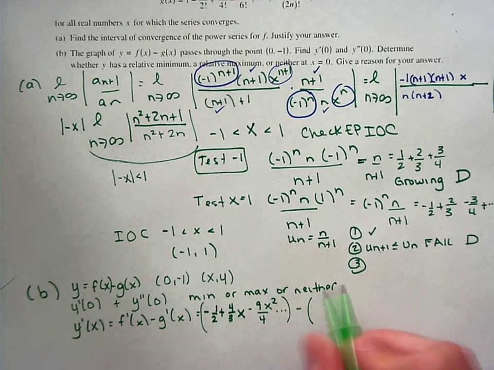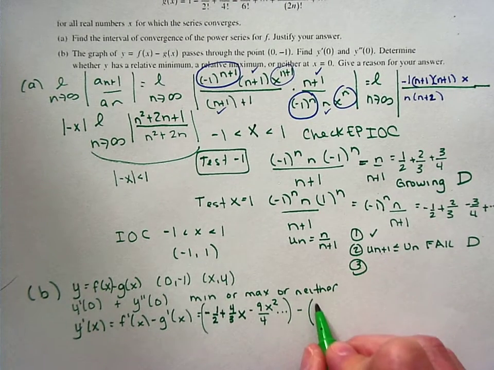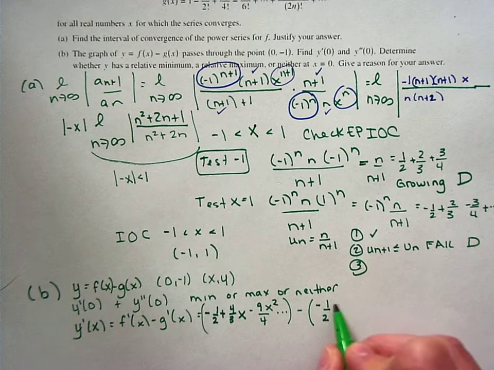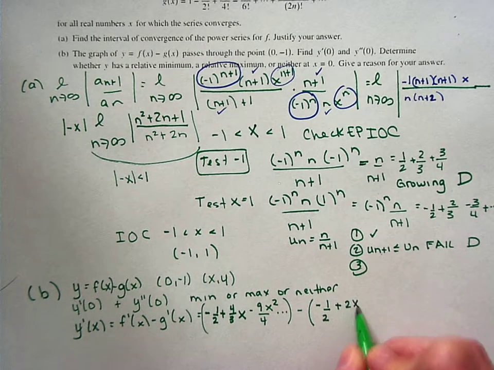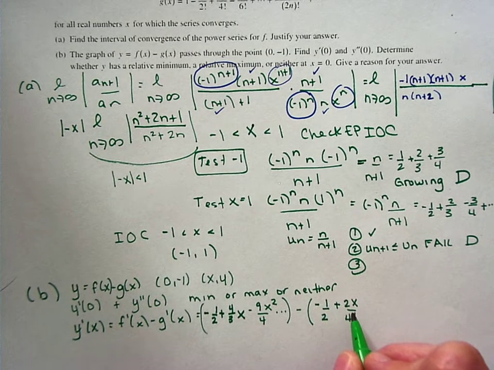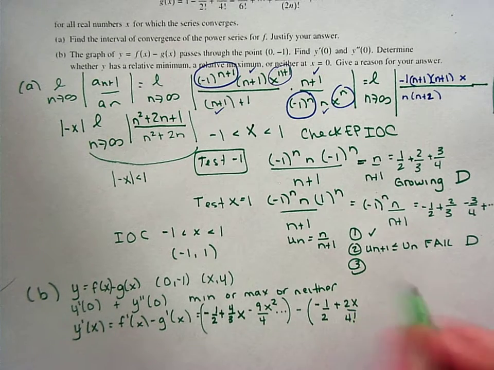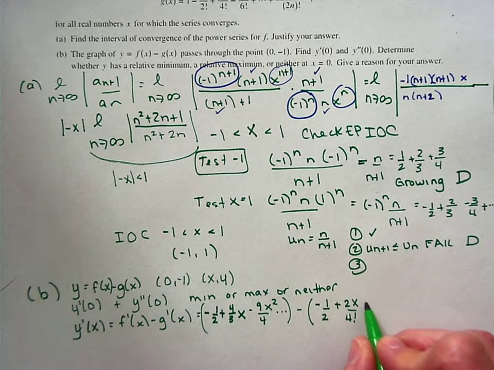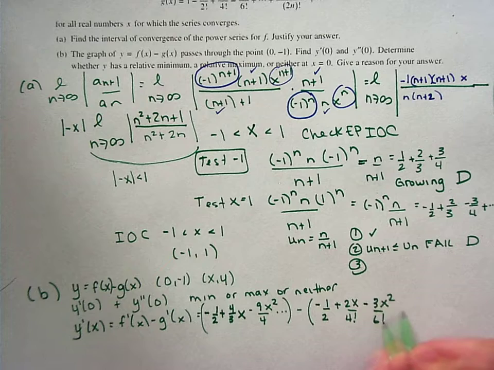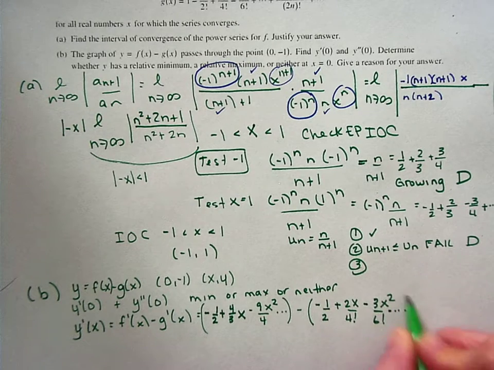Minus g prime of x would be minus 1 over 2 factorial, and then plus 2x over 4 factorial, and then minus 3x squared over 6 factorial, and then some dot dot dot.